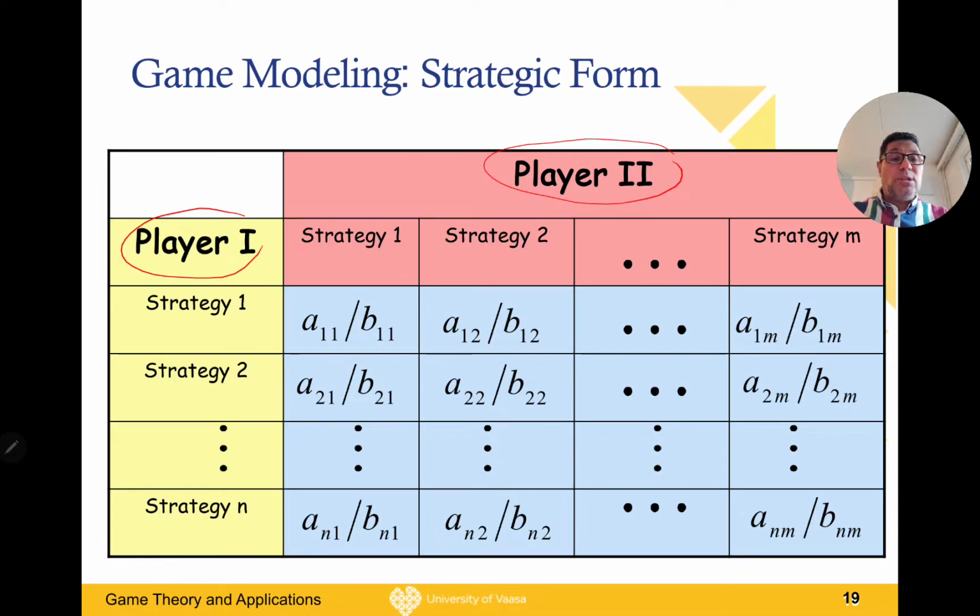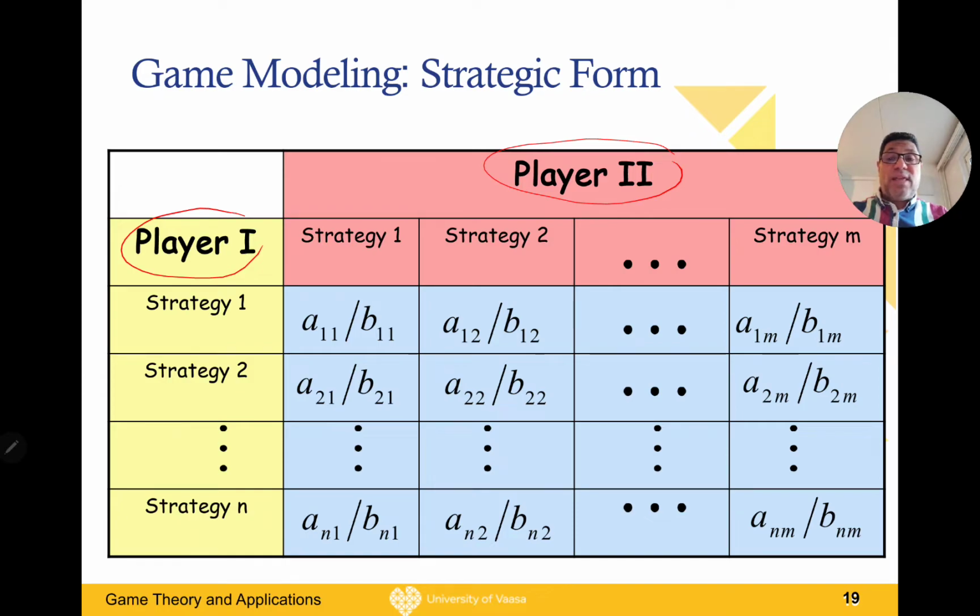For example, we have multiple users in the downlink, from the base station to the mobile phones, and all users use the same battery, the same energy of the base station. How do we manage this energy between users? This can be formulated as a game in game theory.